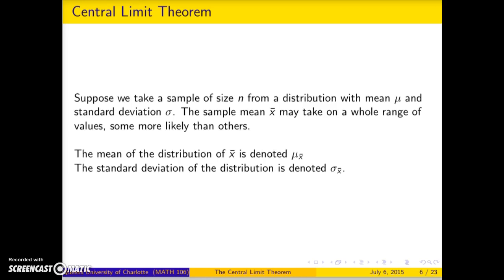So if we're going to take a sample of size n from any distribution that has a mean mu and a standard deviation sigma, the sample mean x bar may take on a whole range of values, some more likely than others. The mean of the distribution of x bar is denoted as mu sub x bar, which from the original sample was denoted just mu. The standard deviation of the distribution of x bar is denoted sigma sub x bar.